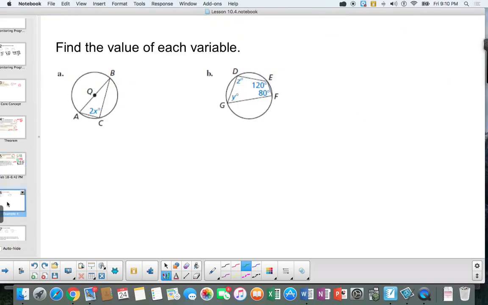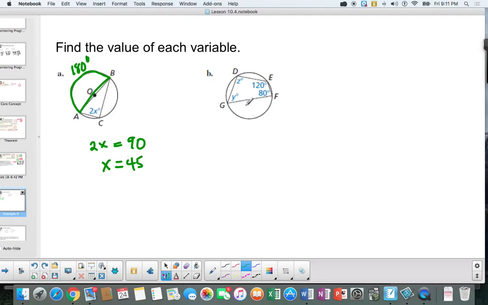All right, let's go ahead and use these two new theorems. Now I see a hypotenuse. So I know that this arc is 180 degrees. Therefore, 2x, this inscribed angle, is going to be equal to 90. It's equal to half the intercepted arc. So therefore, x will be equal to 45 degrees, or just 45.